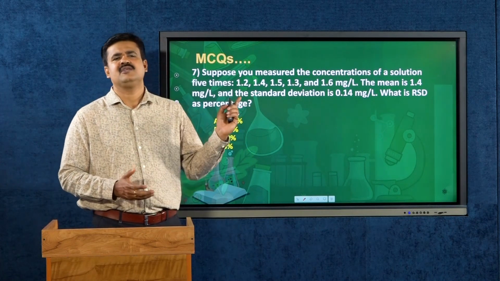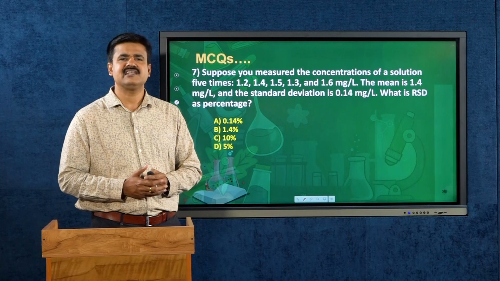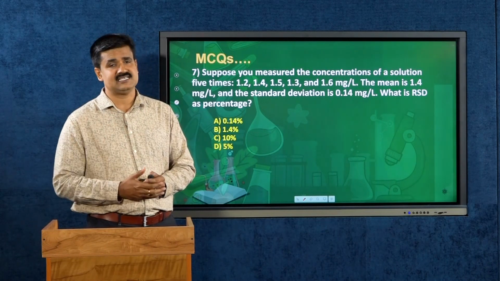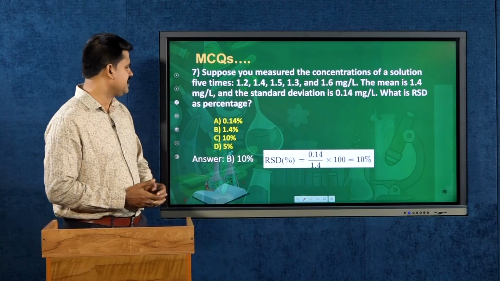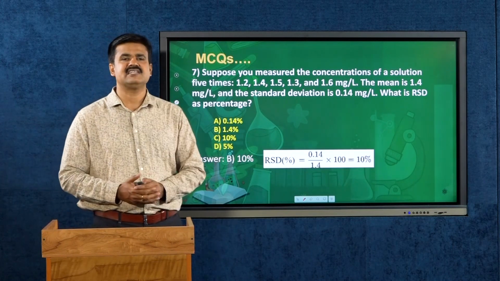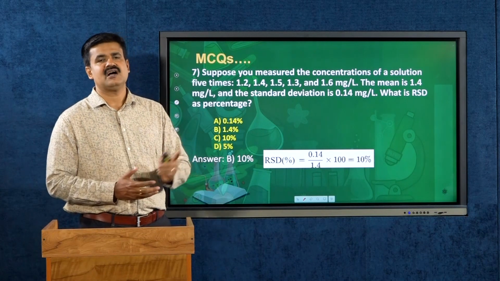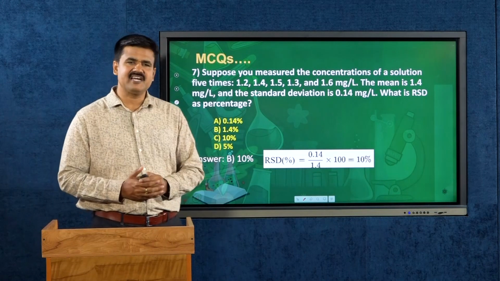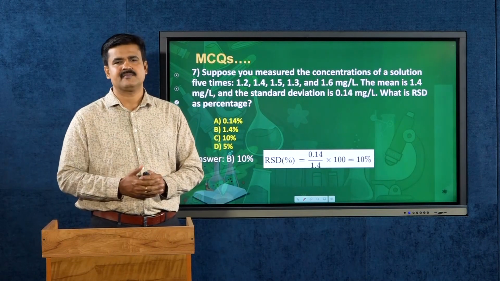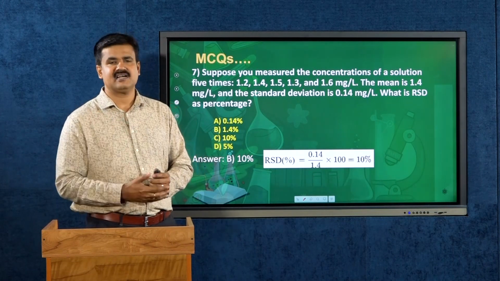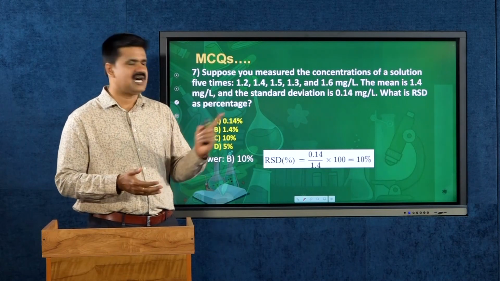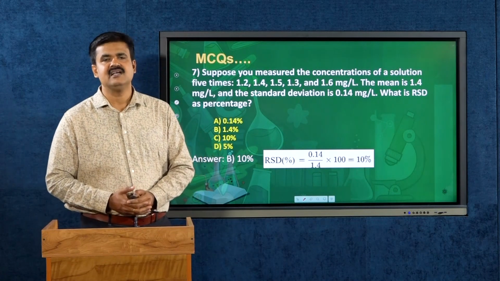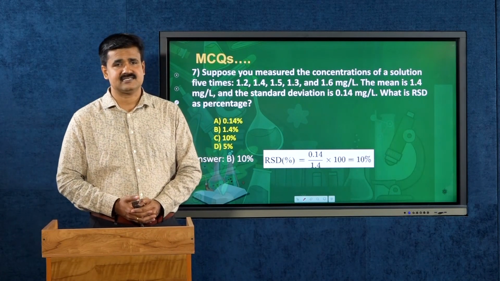So, you have to compute the relative standard deviation and multiply by 100 to get it as a percentage. The answer is option B, that is 10%. RSD percentage equals standard deviation divided by x bar, multiplied by 100. So, RSD percentage is 0.14 divided by 1.4 multiplied by 100, and it is equal to 10%.